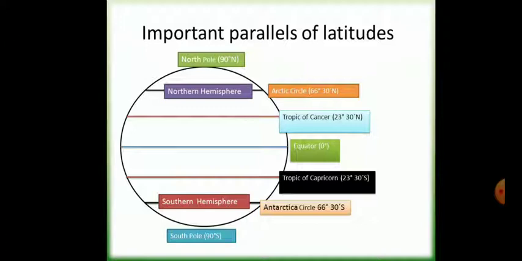When we go north, we will find the Arctic Circle, that is 66 degrees 30 minutes north. That is the northern hemisphere part. And when we go to the southern hemisphere, we will find the Antarctic Circle, which is 66 degrees 30 minutes south. In the same way, when we reach the top of the North Pole, we find 90 degrees. Similarly, when we go down in the south, we find 90 degrees in the south direction.